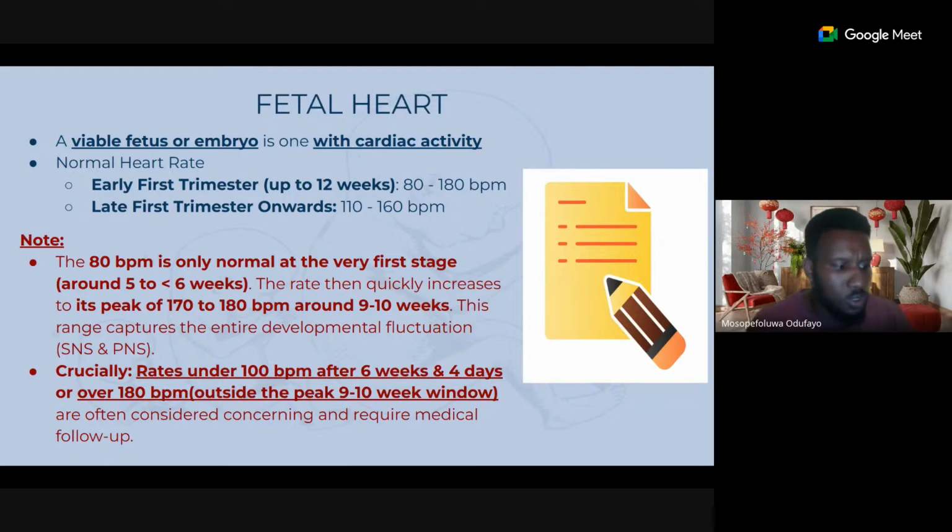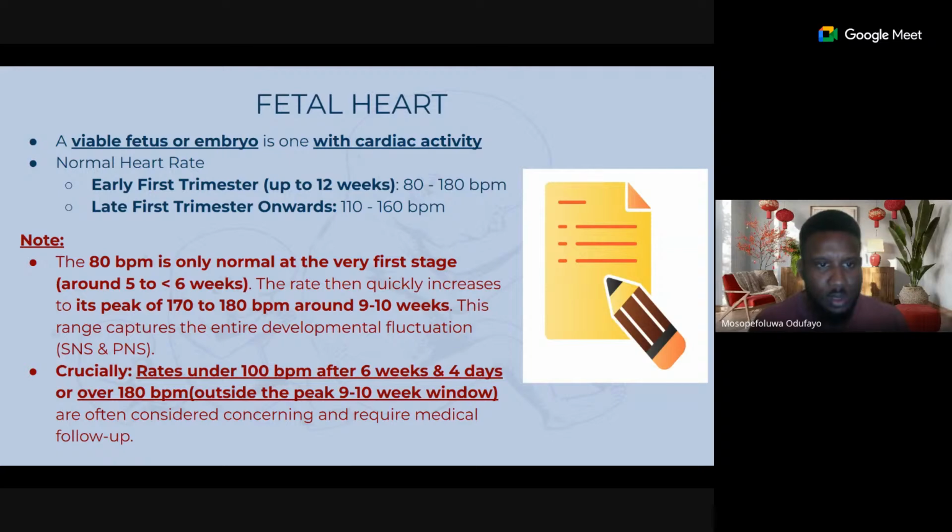And so for us to be able to determine which is which, what we have to do is to tell the client, hello, we just picked up a few things in the heart rate, and we just want to follow up on that. So you can come back for a scan in about maybe 1 to 2 weeks if you'd like to, or you can hold on a little bit and then we can check the heart rate again before you go. Is that okay?